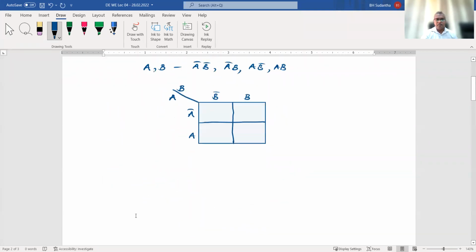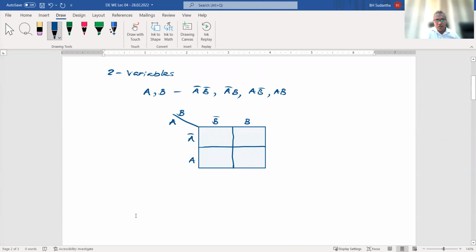Then how can we represent all these things here? For example, this is the grid for A bar B bar, and this is for A bar B. You can see the references. This side is where A comes from, and from the top side B bar comes. This is the way we can find all four grids for these four combinations.